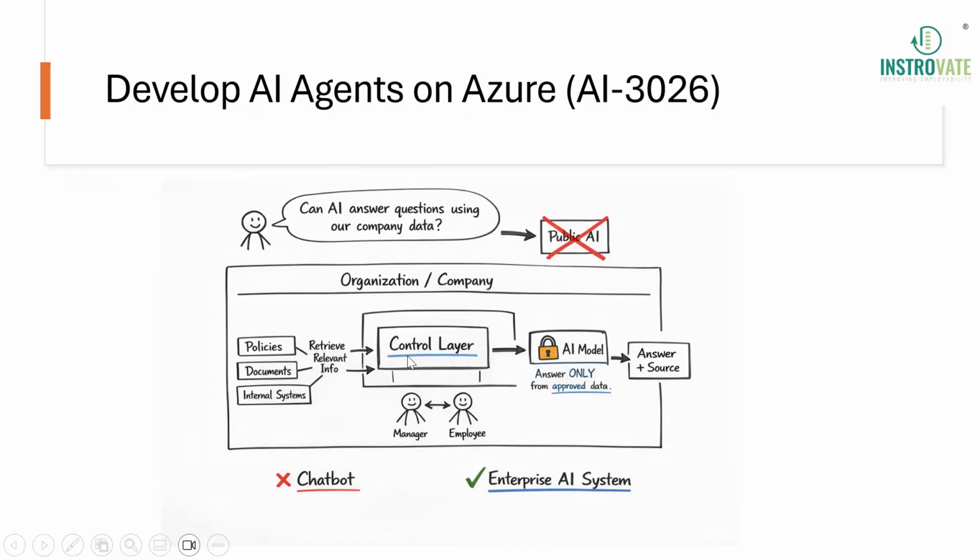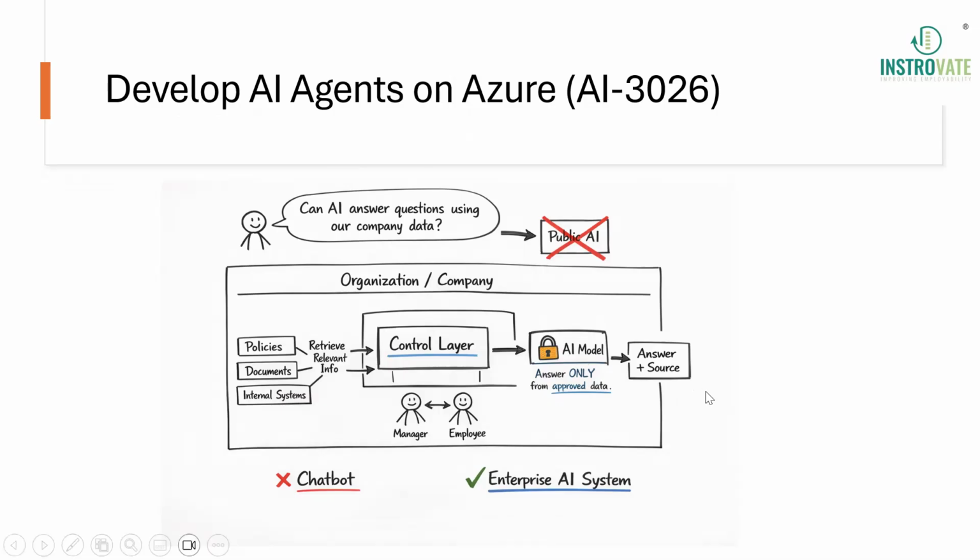Once the control layer gets the relevant information, it passes it back to the AI model, and here the answer is only according to the approved data. After all the checks, the final answer is given to the employee with the sources that the AI agent has used to derive the answer.